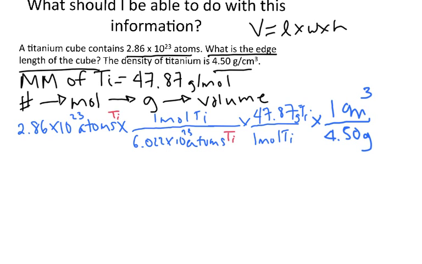So let's make sure that our units cancel out. And then I'm going to also write Ti here, sorry. Okay, then we have everything properly labeled. So we're going to cross out atoms, we're going to cross out moles, we're going to cross out grams, and so we've gone from atoms to volume. All right, so we're going to put that into the calculator.